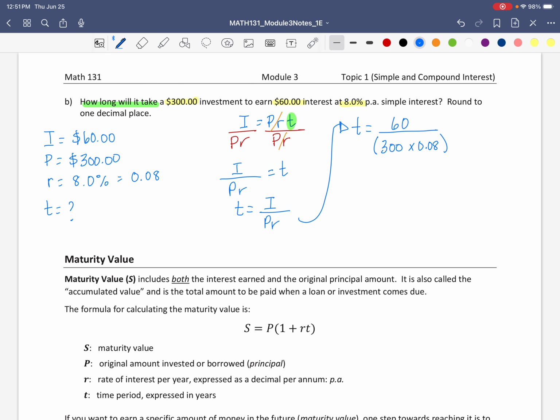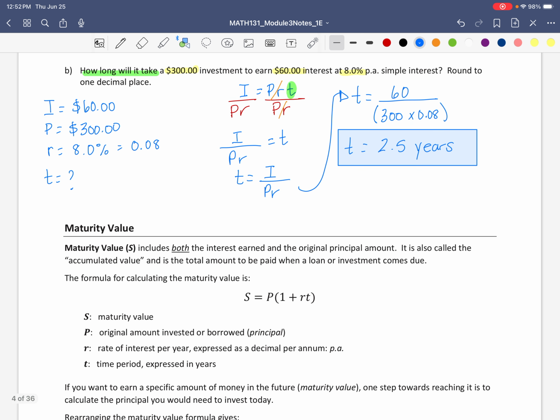You want to have 60 divided by 300 times 0.08. So what you should get for an answer for time is 2.5 years. So again, we're solving for time, so we want to ensure we include the correct units of years. Okay, so that is our simple interest formula.